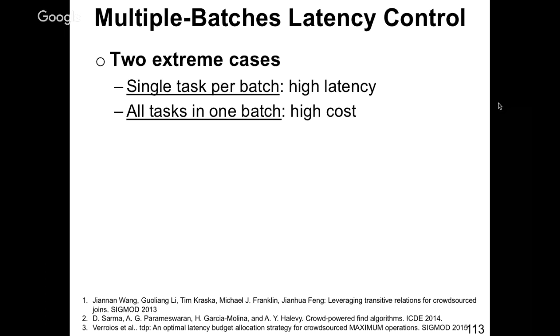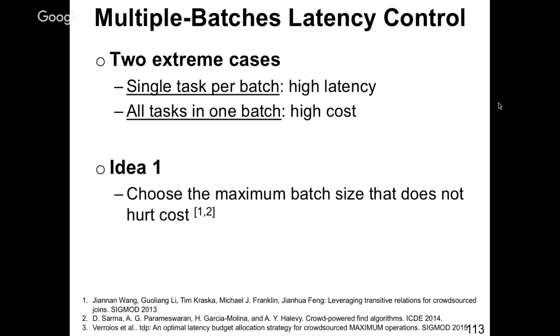The disadvantage of the first technique is that it will involve high latency, because there's only 1 task available in the crowdsourcing platform. The disadvantage of the second extreme case is that it will suffer from high cost. It cannot fully utilize, for example, the answer deduction technique to reduce the cost.